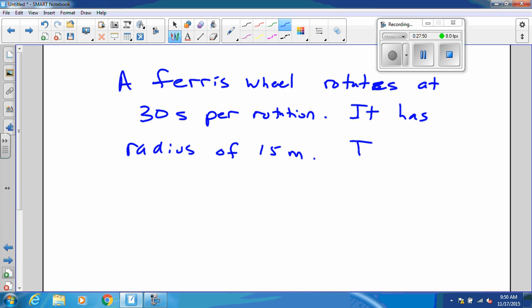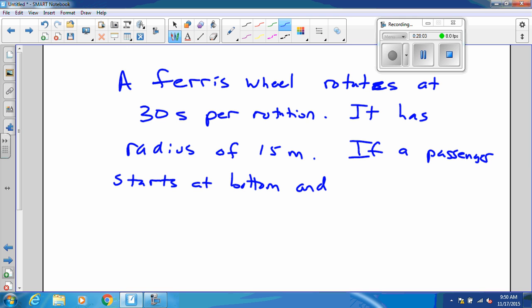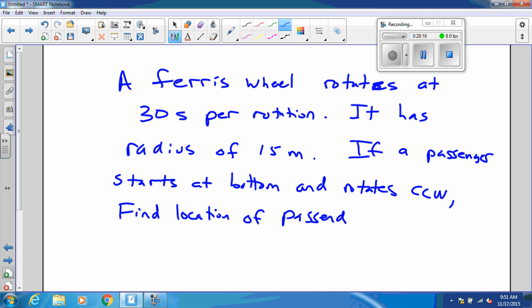And if a passenger starts at the bottom and rotates counterclockwise, find the location of the passenger as a function of time.